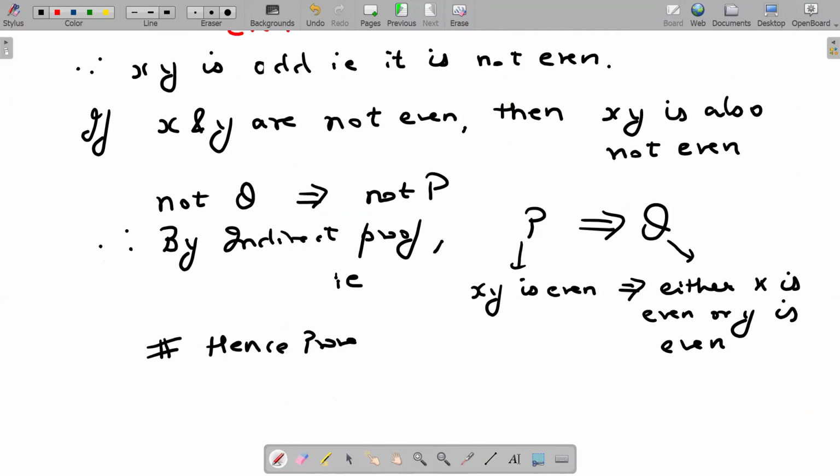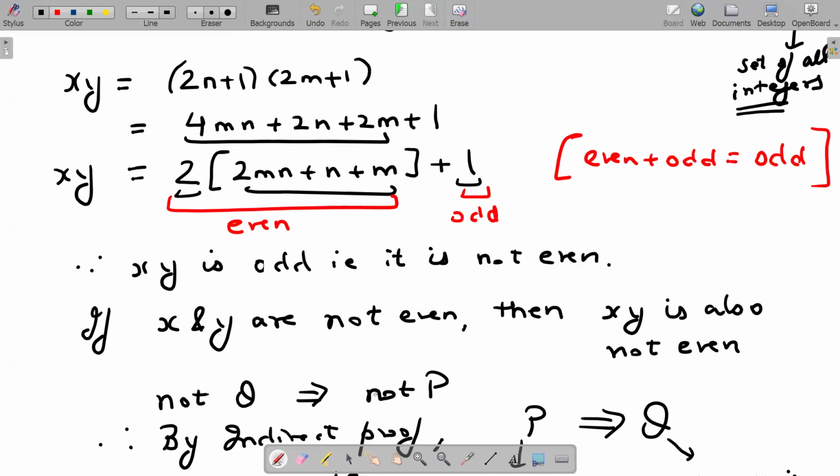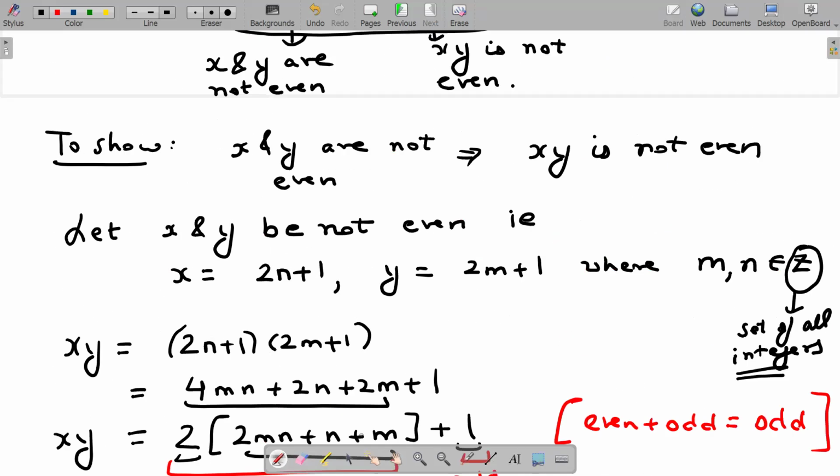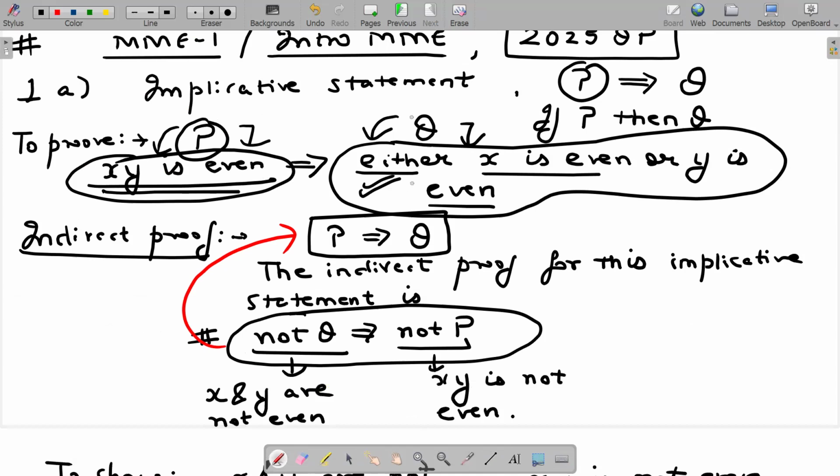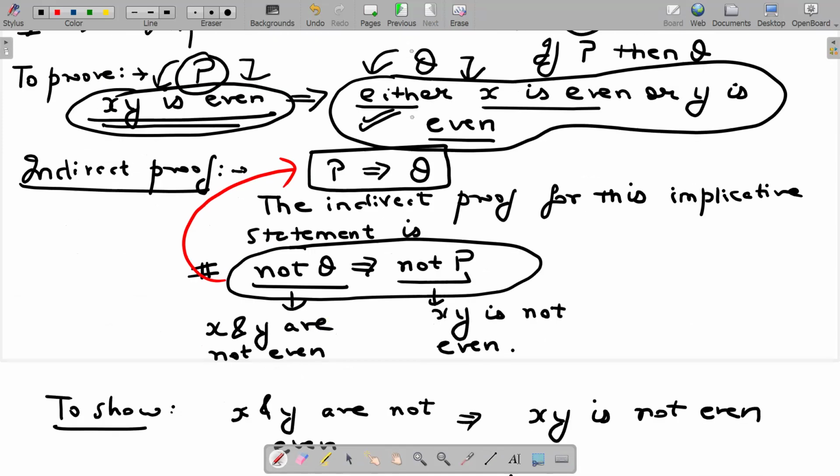I'm quickly revising it. Okay, we had to show that if x into y is even, then either x is even or y is even. Let P denote the statement xy is even. Let Q denote the statement either x is even or y is even. How do I use the indirect proof technique to prove P implies Q?